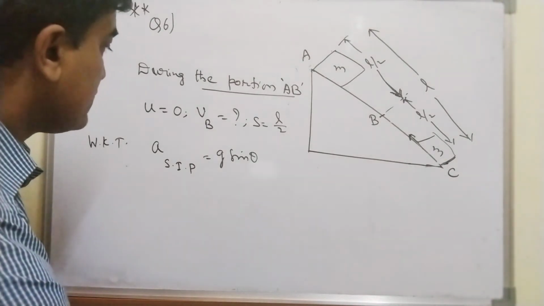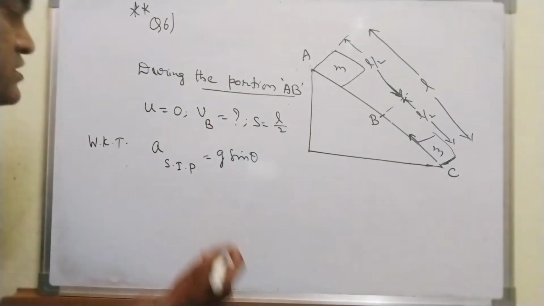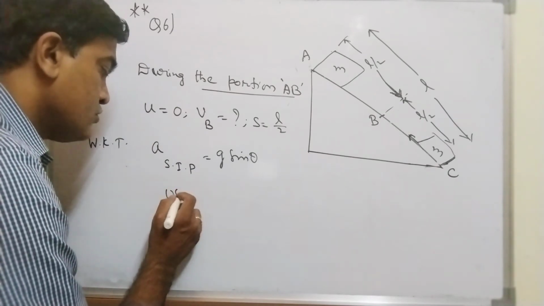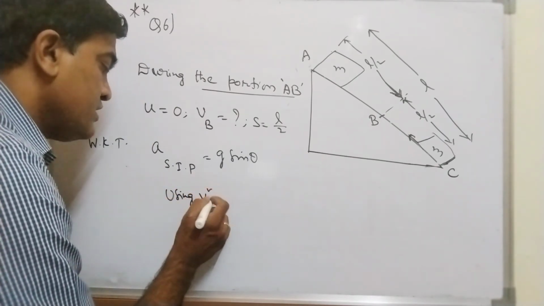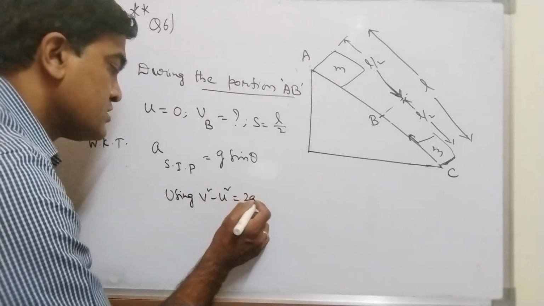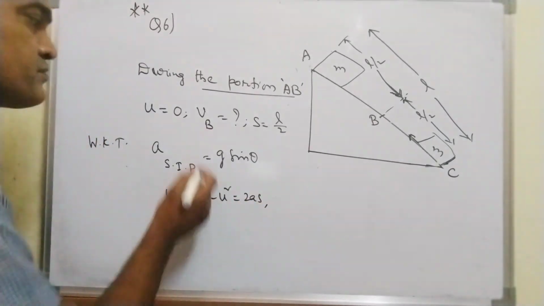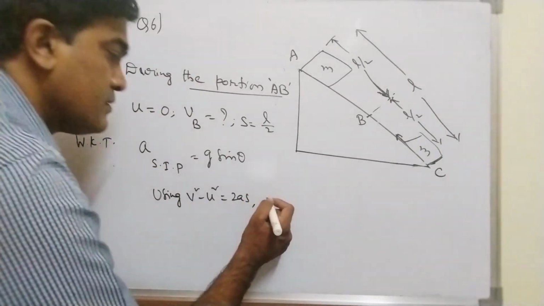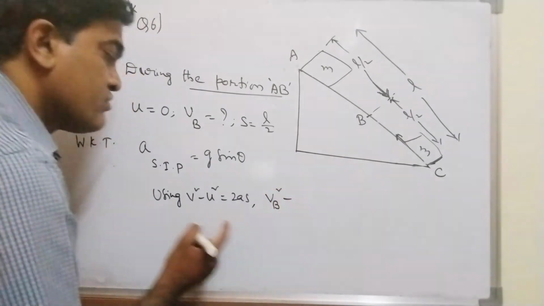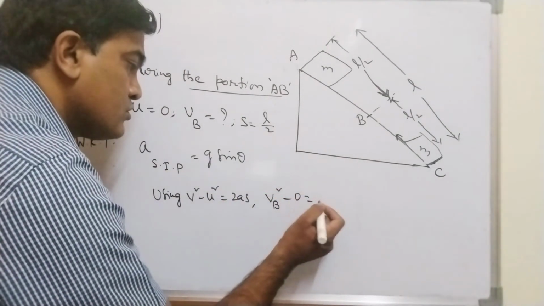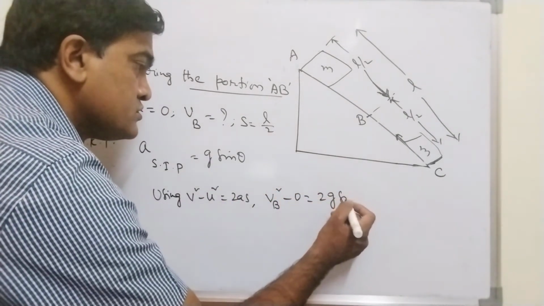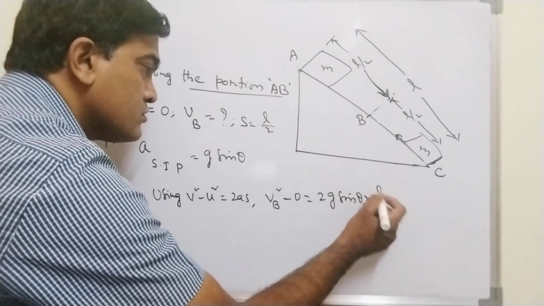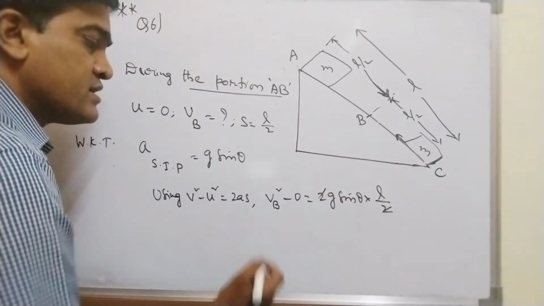Now can I substitute these values in the equation v square minus u square is equal to 2as? What is v? Final velocity is vB. vB square minus initial velocity 0 is equal to 2 into g sin theta into L by 2. 2 gets cancelled.